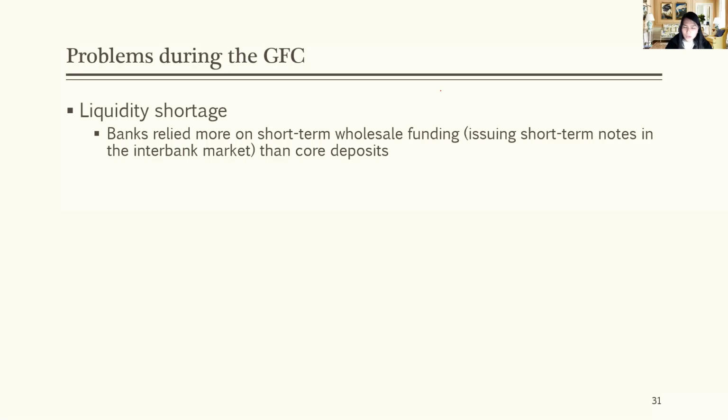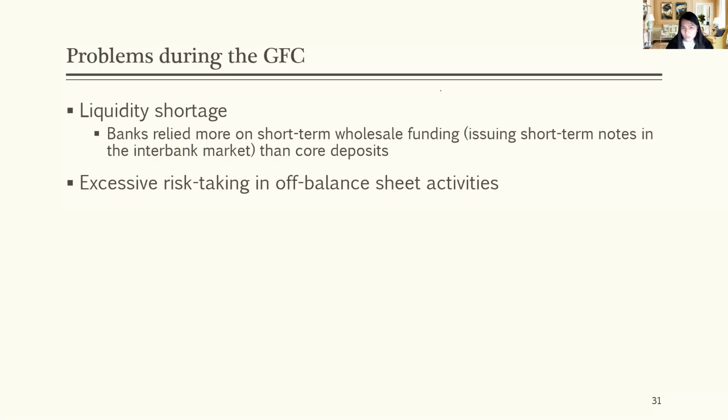So a lot of banks were relying on short-term wholesale funding in the interbank markets rather than core deposits, right? So there was excessive risk, liquidity risks in the sector that was not fully accounted for.